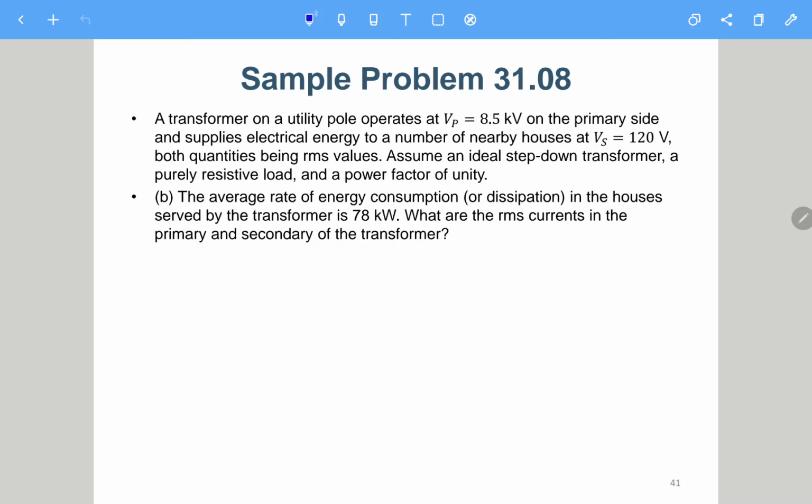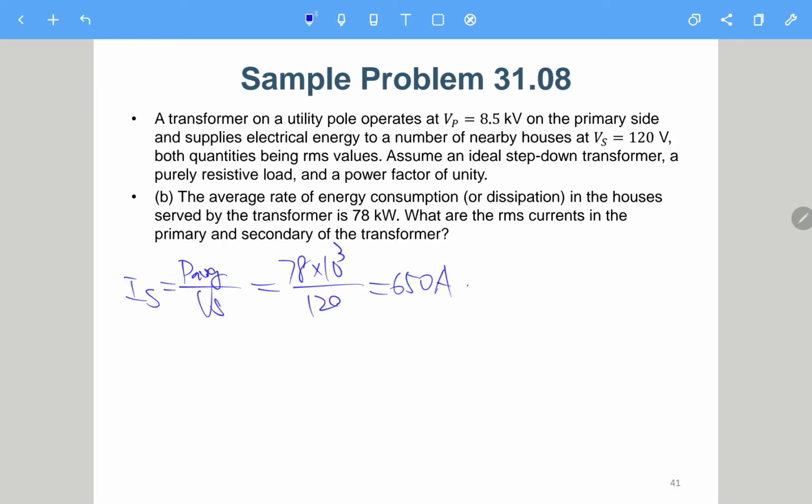In this case, we can calculate Is to be P average over Vs, which is 78 times 10 to the third power over 120. So this current is 658.